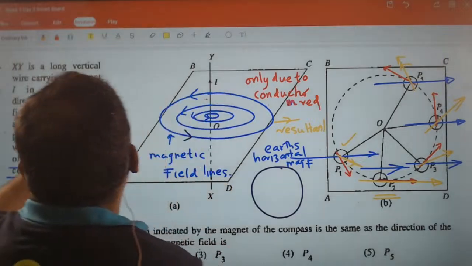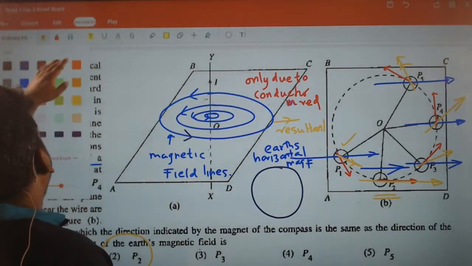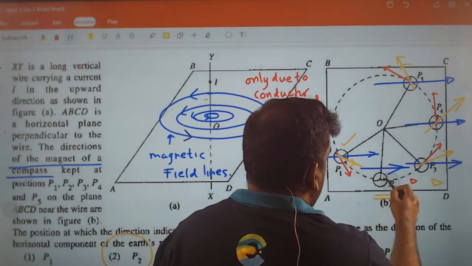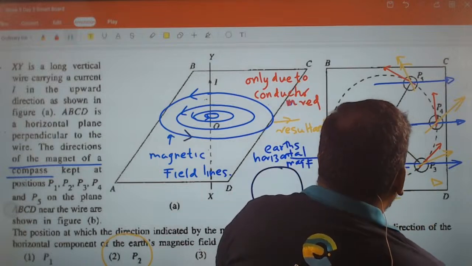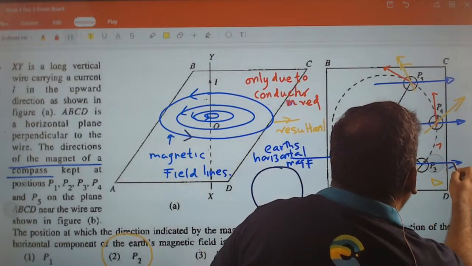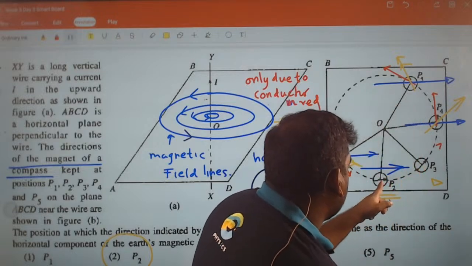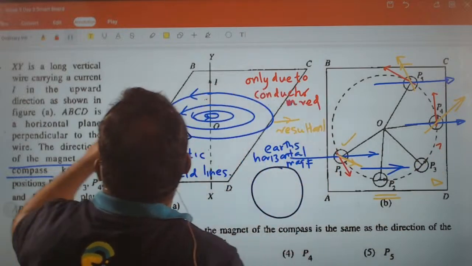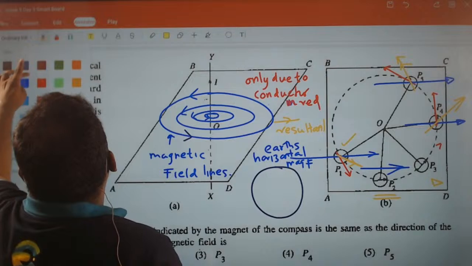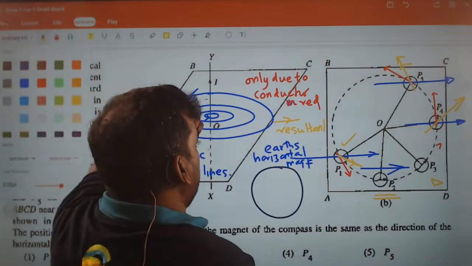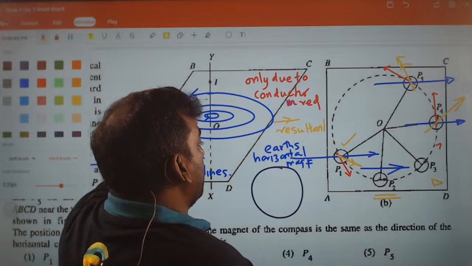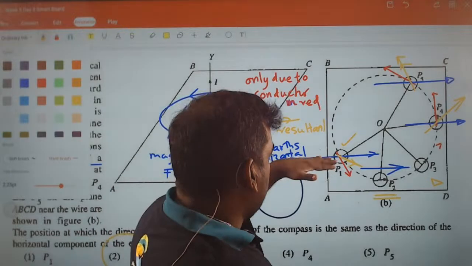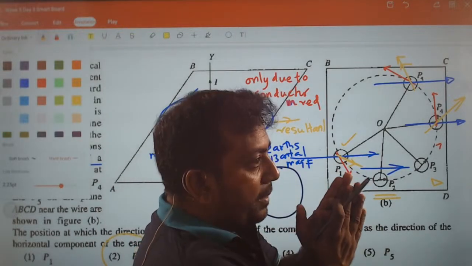So wait, I need to erase and see this because of the diagram. Wait till I erase this and check and see. Here the indicated direction, both seem to be the same, or this looks a bit different. I think this looks the tangent, no? This looks the tangent. So here, if it's parallel to the Earth's horizontal field, both are parallel.